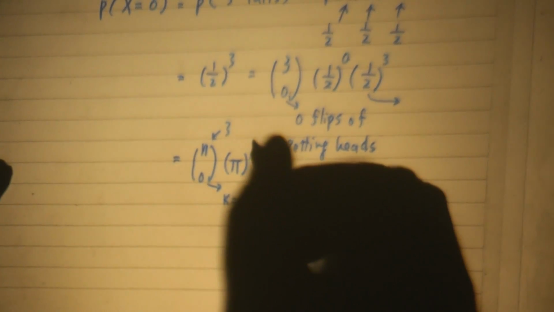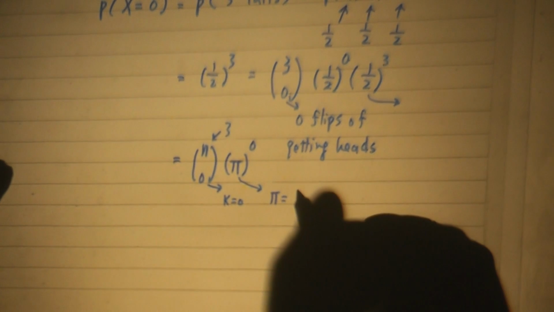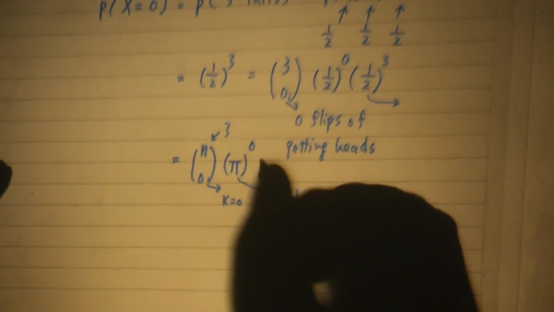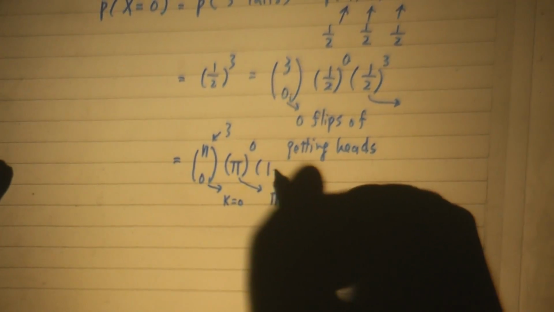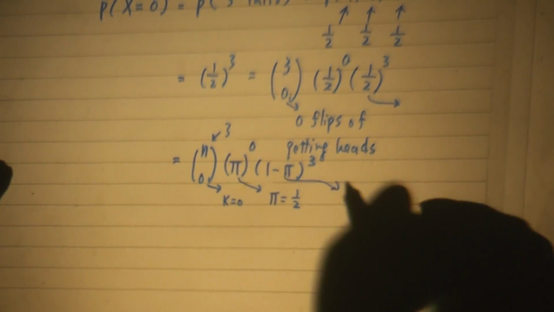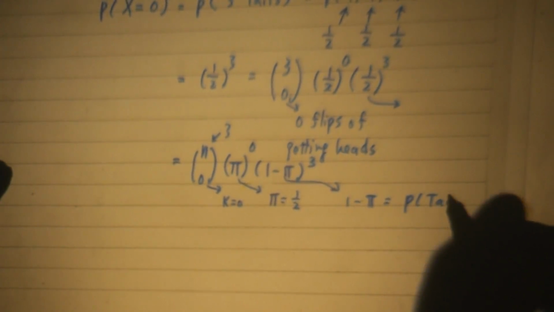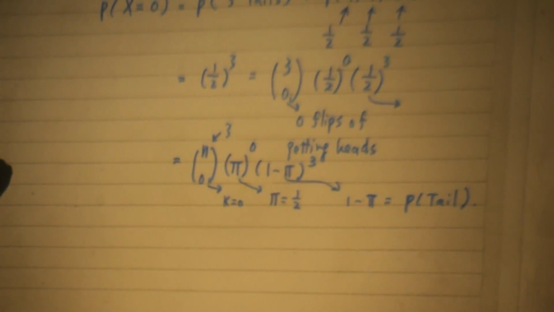How many heads? 0 heads. For a fair coin, pi equal to 50%, right? And how many times we see tail? 1 minus pi, 3 times. And 1 minus pi is the probability of getting tails. Is that clear?